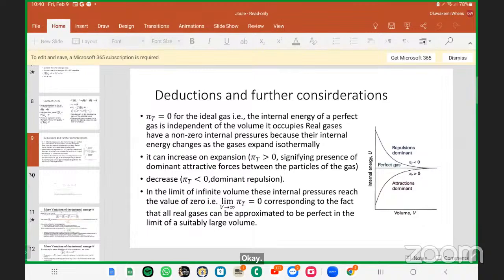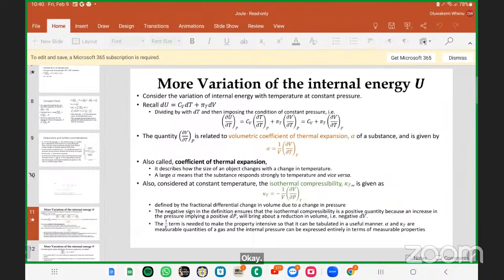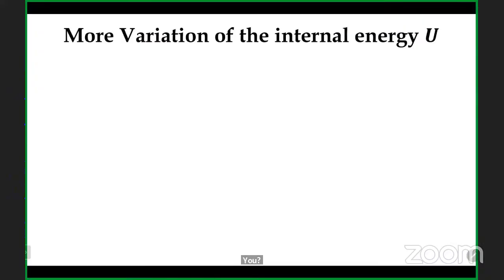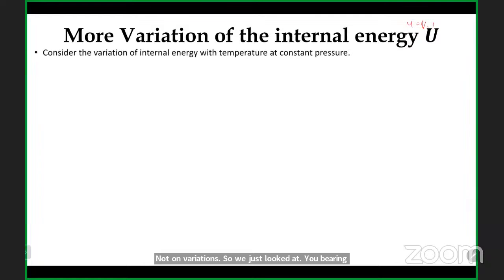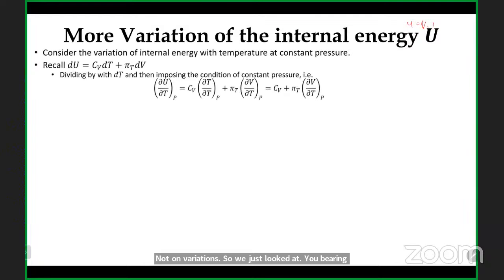Deductions. More on variations. So we just looked at U varying with V and T, and then we arrived at dU/dV equals Cv dT plus pi T dT.